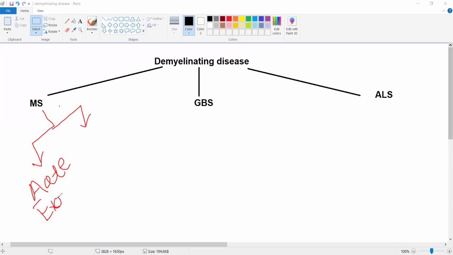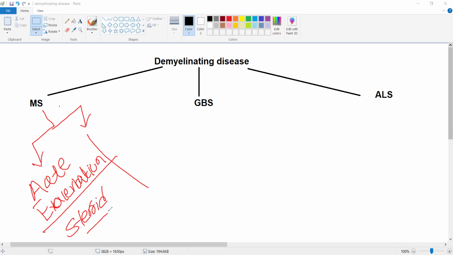Can anybody tell? It's a steroid, mainly IV steroid.